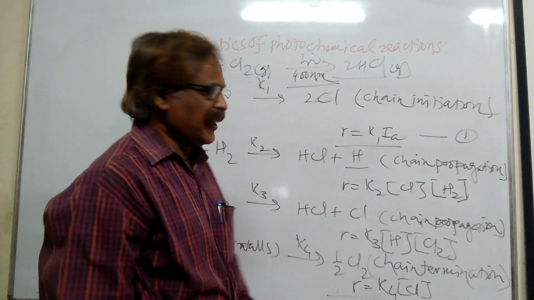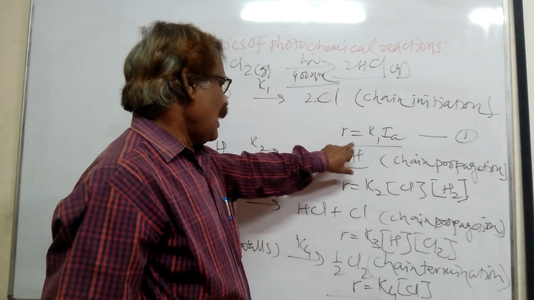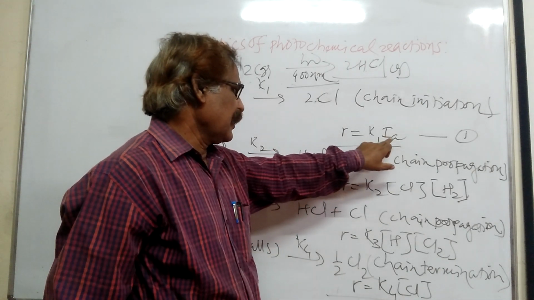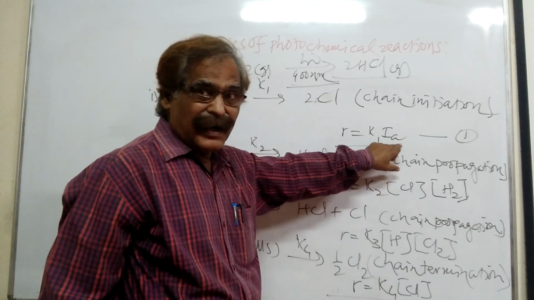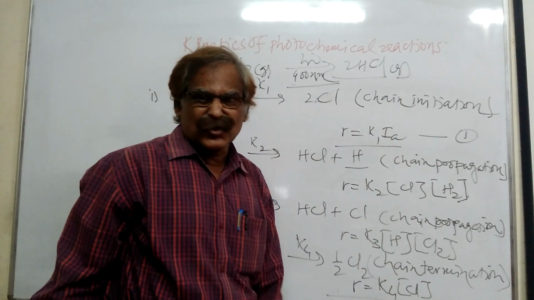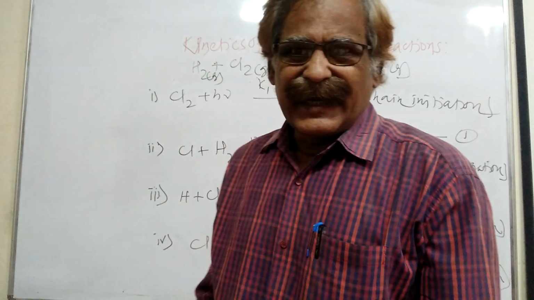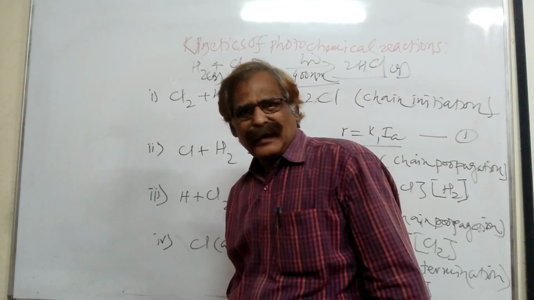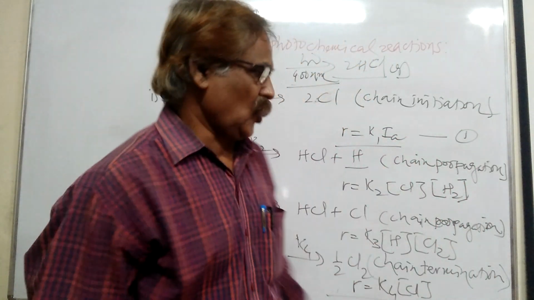the chain initiation reaction, is given by R equal to K1 into IA, where IA is known as the intensity of the light radiation absorbed.